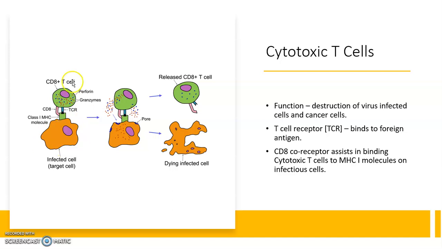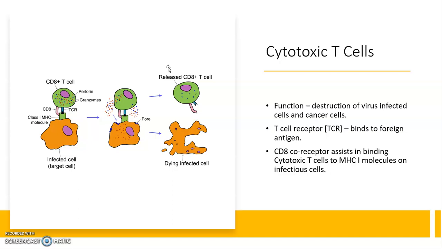And when a cytotoxic T cell comes along, it's going to recognize that there is antigen in that MHC class I. So the TCR and the CD8 co-receptor are going to bind to the MHC class I receptor on the virus-infected cell, and that is going to cause the cytotoxic T cell to release chemicals that are ultimately going to kill the virus-infected cell.